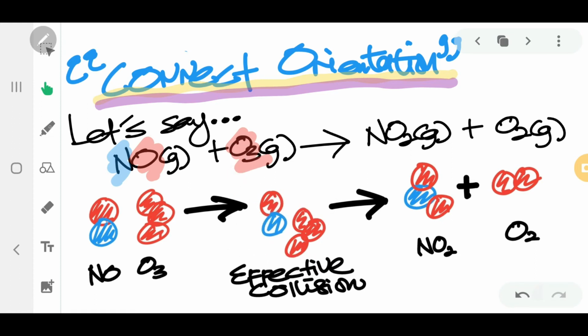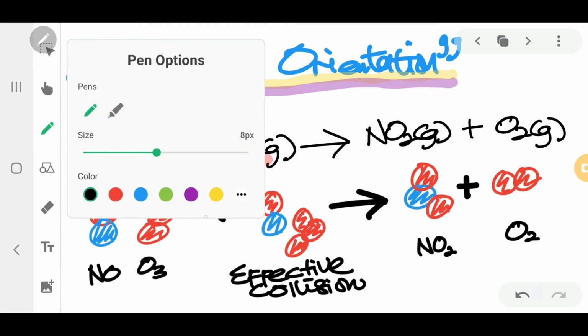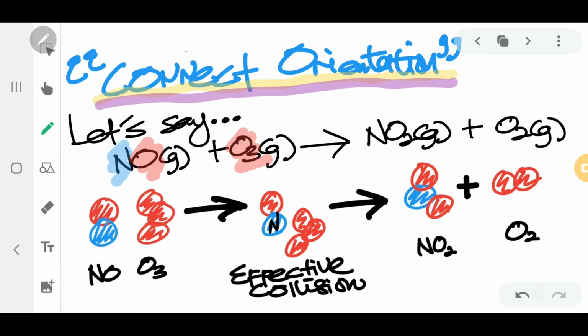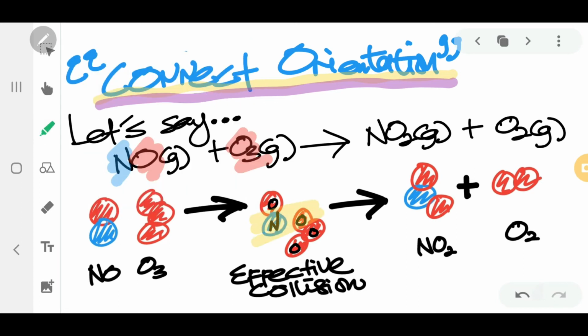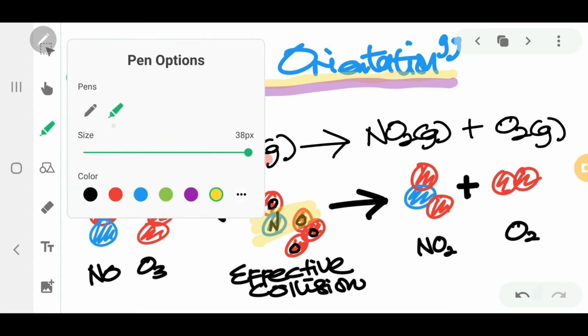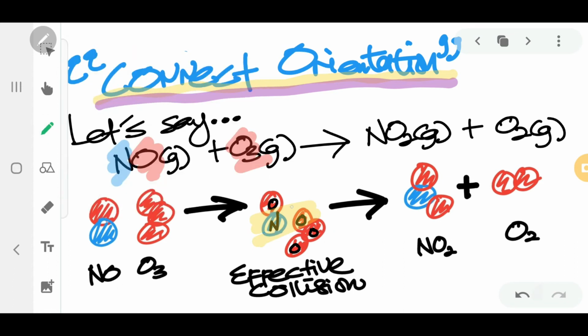So as you can see, I'm going to write it in there: this is the N, and that is O, O, O. When you look at the area right there, they are colliding at the correct orientation, because you want that area to be colliding with one another. So this is the correct orientation. Then you will be able to make NO2.